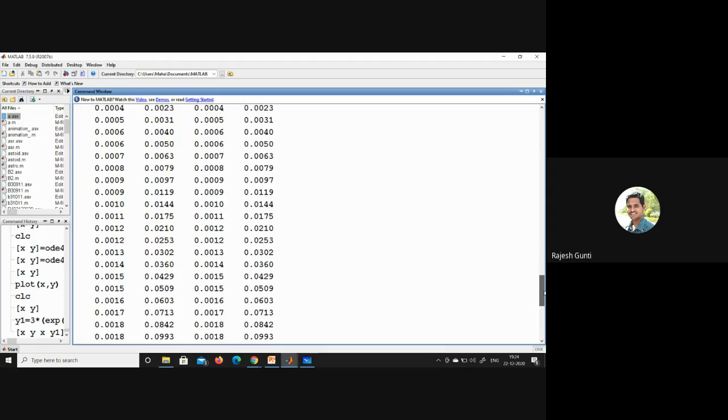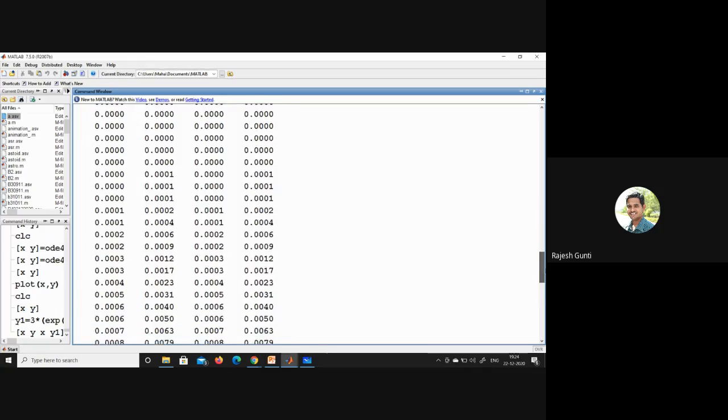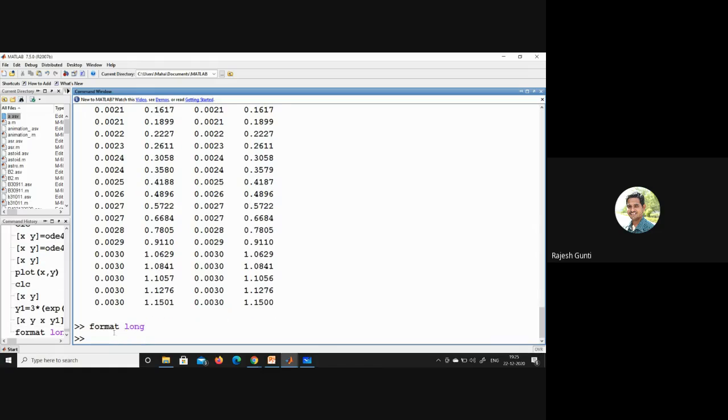You see this one, almost the same. There will be a difference, definitely. So if you take format long, the analytical solution will give a different value from the MATLAB solution.